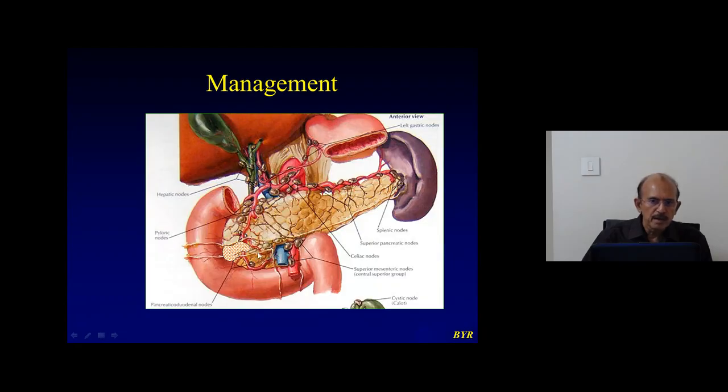It gives off the inferior pancreaticoduodenal. And you can see lymph nodes are there by the side of the superior pancreaticoduodenal as well as the inferior pancreaticoduodenal. So you can presume that there will be lymphatics passing along these blood vessels to these lymph nodes.